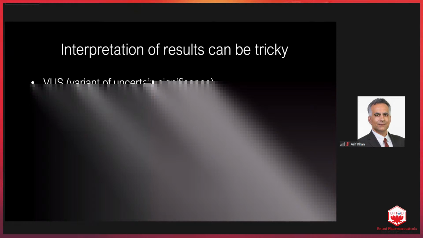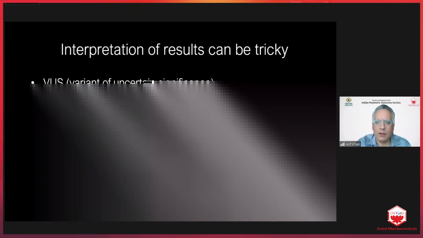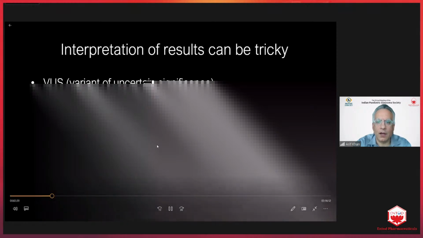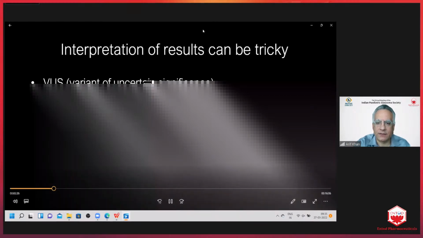Even the screen is not coming properly. There's a problem with Rahul's connection. Should I take over? Yes, sure. Let me see if I can share my screen. I cannot share my screen.